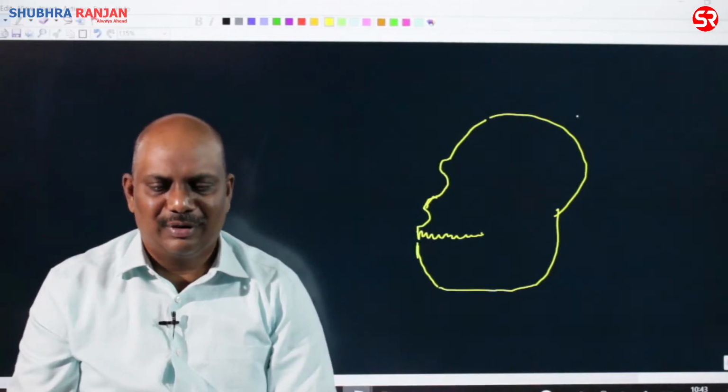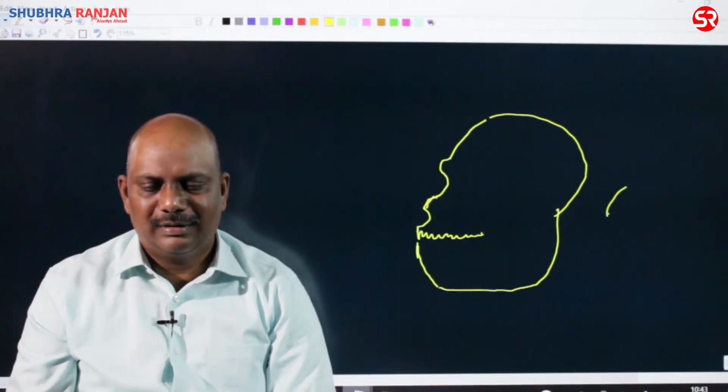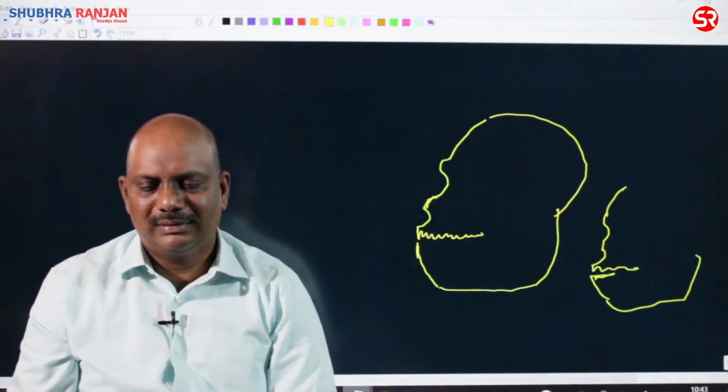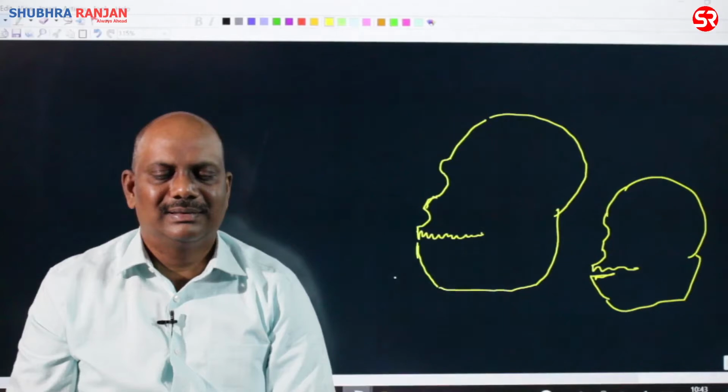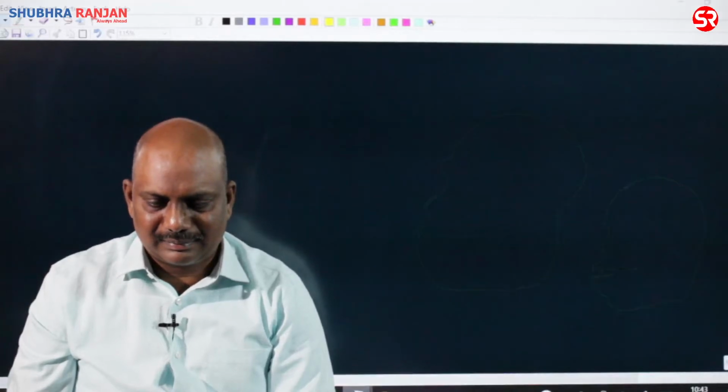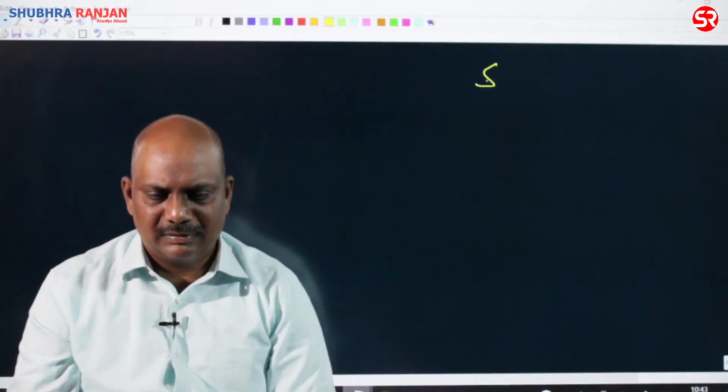So I will draw it one more time. Forehead, one curve, second curve, upper jaw, lower jaw. It's very easy. We shall practice it slowly. So guys, now you should be comfortable with this very important cephalic feature of Australopithecus, that is the sagittal crest.